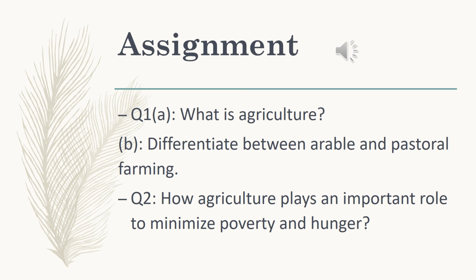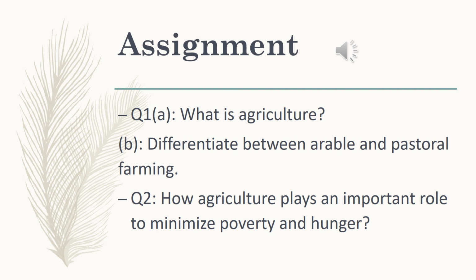Okay students, here is your assignment. Question number 1A. What is agriculture? In the answer, you have to write down the definition of agriculture. Now there is B part. Differentiate between arable and pastoral farming.